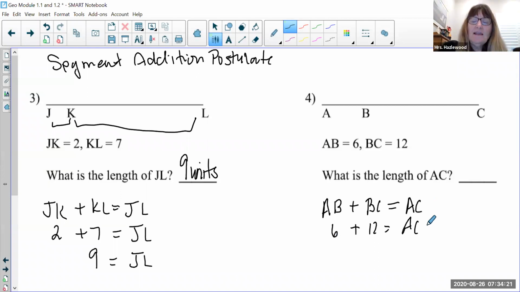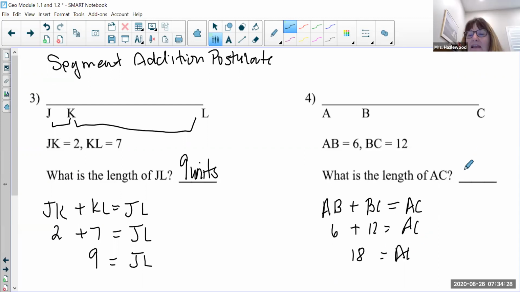So this is 18. So AC is 18, and 18 can mean anything, so that's why you need to write the word units. Again, this is the segment addition postulate.